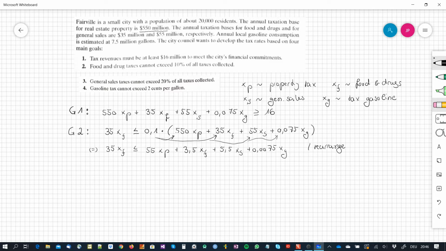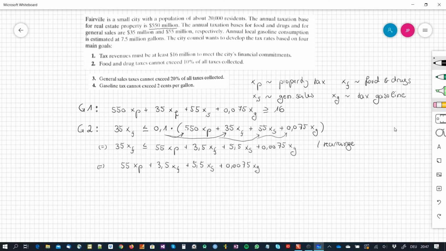And what we do first is that we flip sides. So this needs to be larger or equal to 35 XF.